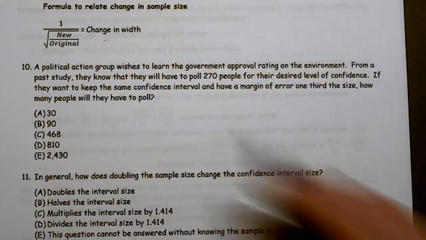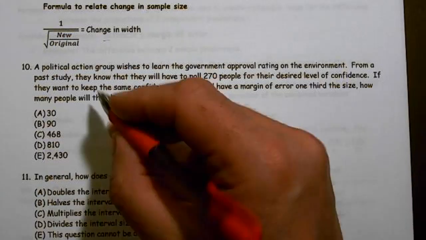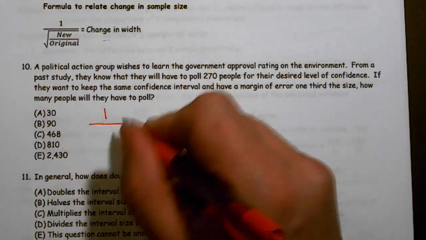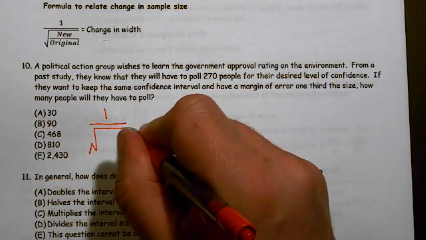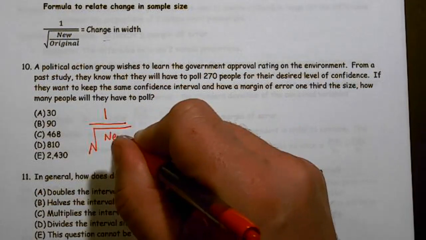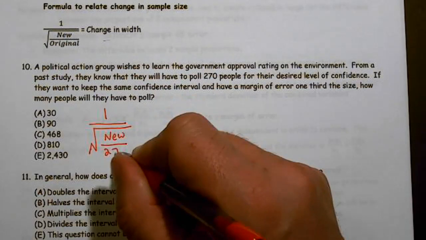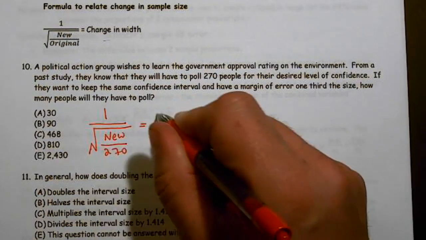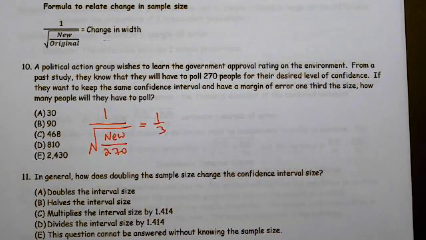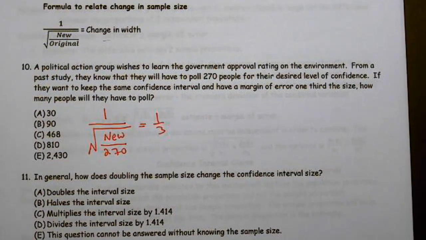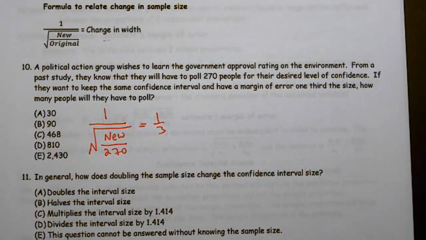Well, we have our formula: 1 over the square root of the new n, over the original, 270, equals 1/3. All right, so we got a little bit of math to do here. So I'm going to say let's square both sides.